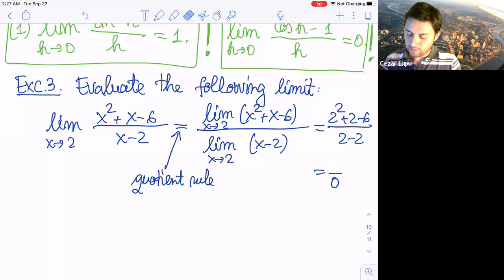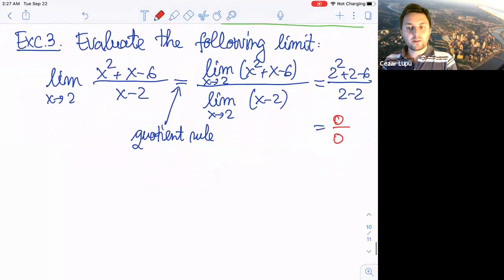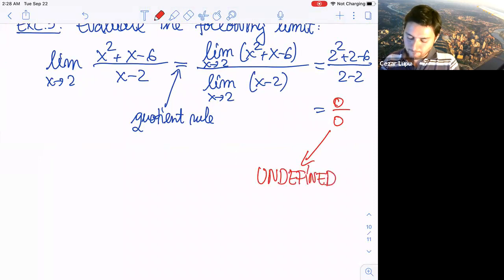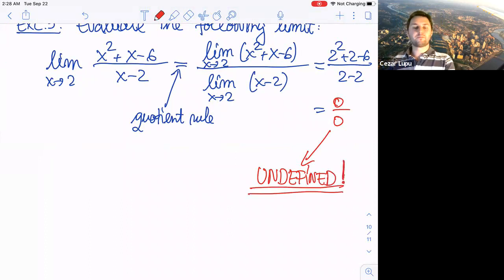In fact, let me write it like this. 0 over 0 is one of the indeterminate forms, so this is undefined. I want you to pay attention: always, when you get 0 over 0, then it's undefined. So the quotient rule doesn't work in this case.